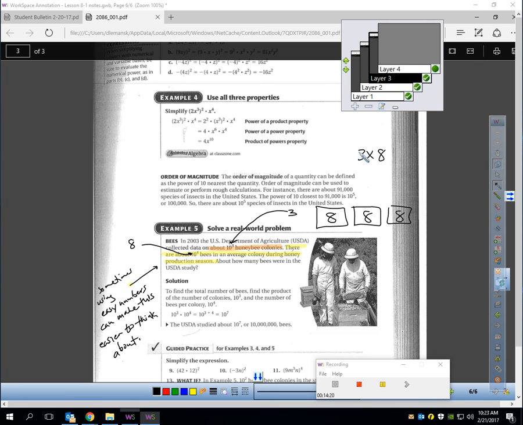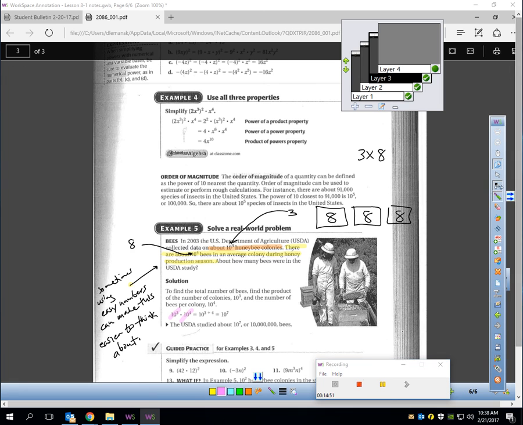Well, now that I know I have to multiply, I can go back and do this problem normally. I didn't have 3 colonies and 8 bees. I had 10 to the third colonies, which I'll highlight here, and I'm multiplying by how many bees we had in each one, which was 10 to the fourth. And remember, here is the product of powers, which means I have to add the exponents.